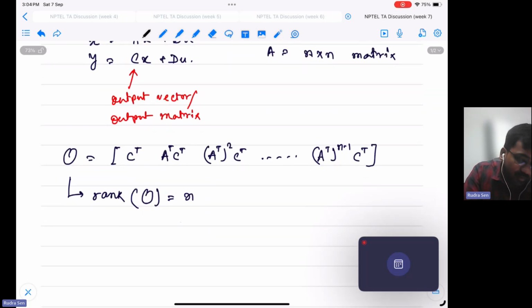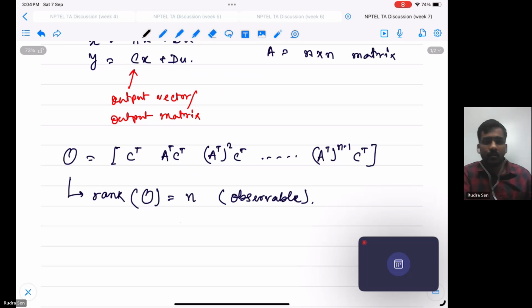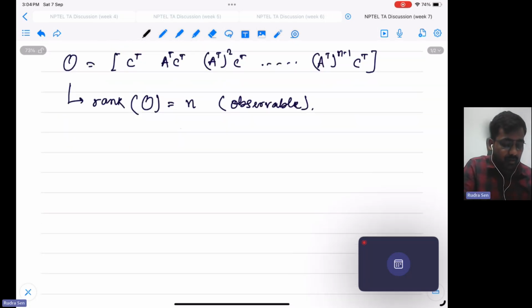If the rank of this matrix is n, then we can say the system is observable. This is the condition.